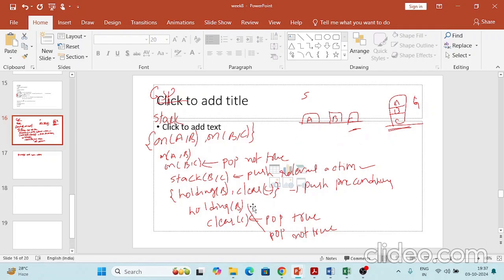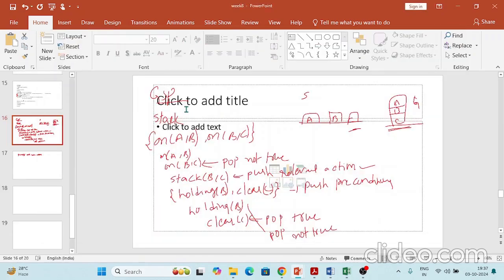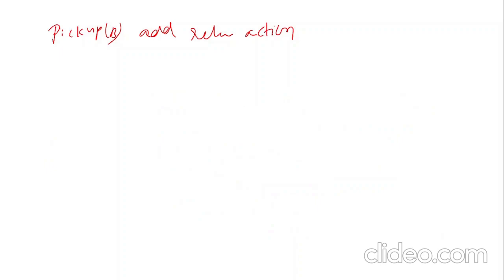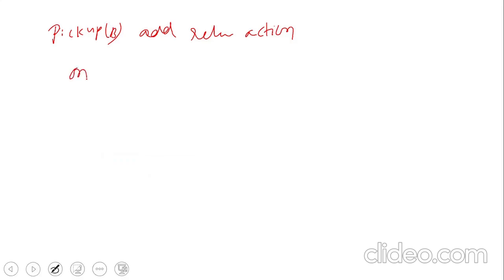Okay, that's why for this one we are writing pick up B. Pick up B means I will get holding B, and the preconditions are on table B, clear B, arm empty.